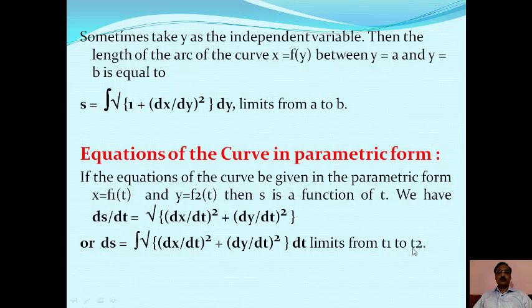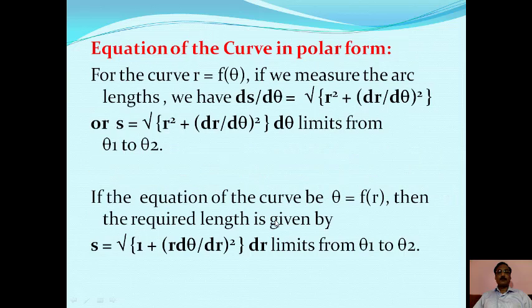Integrating from t1 to t2 with respect to t, s equals the integral from t1 to t2 of root of (dx over dt) squared plus (dy over dt) squared dt.